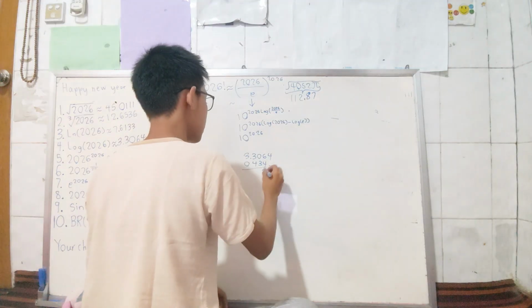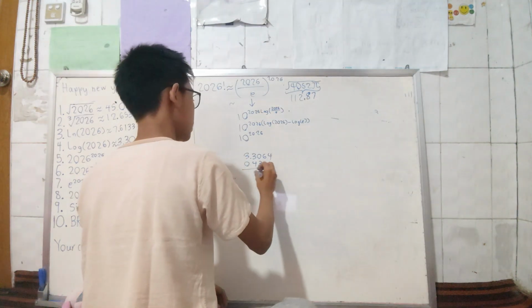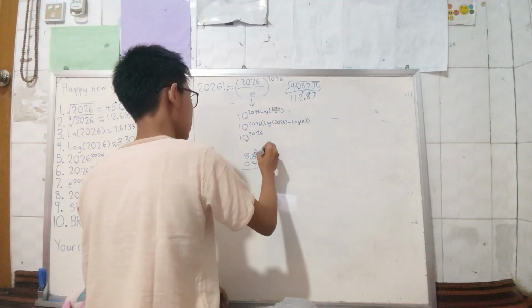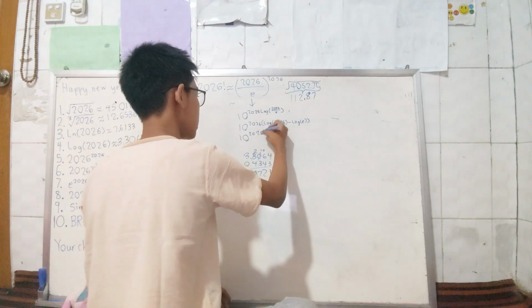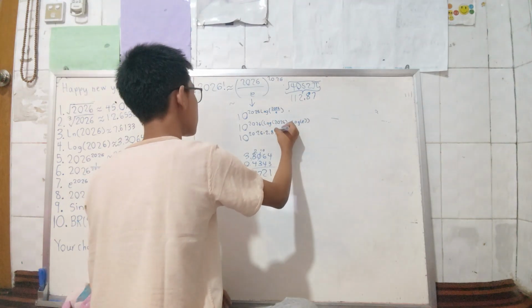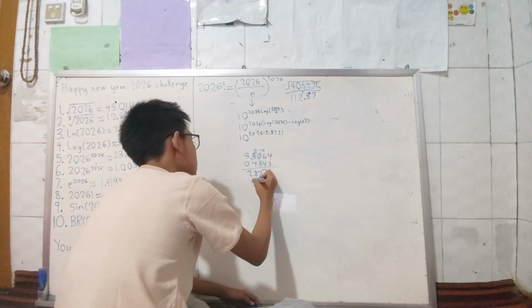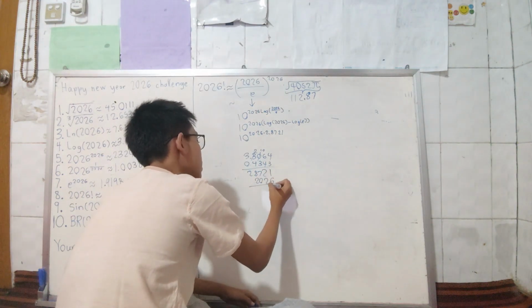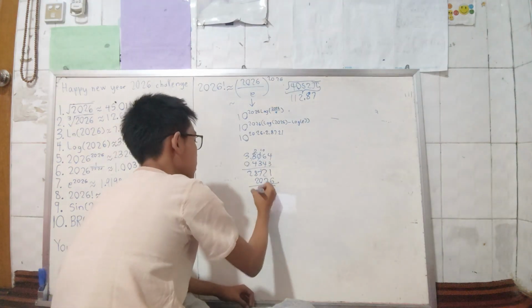Okay. I think I should do this. 1, 7, 2.8. 2.8721. And then that's going to be 2026, 6, 12, 7, 42, that's going to be 43.